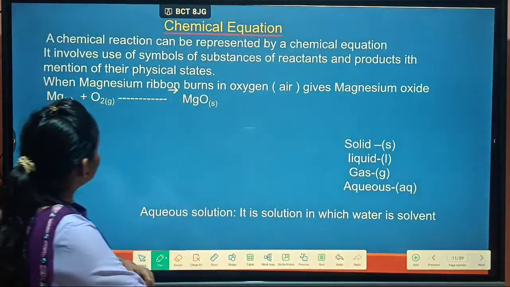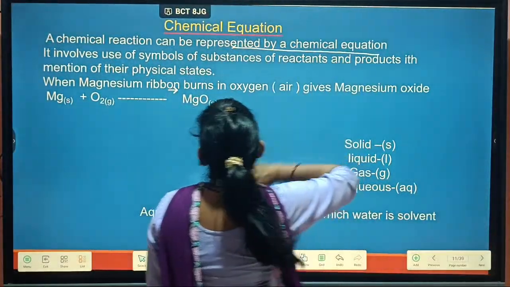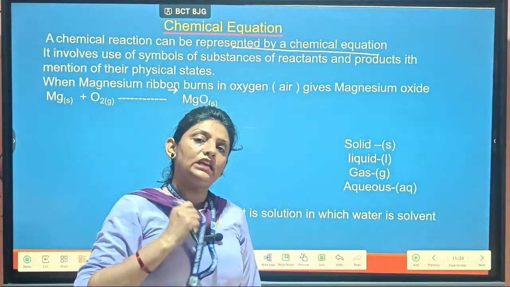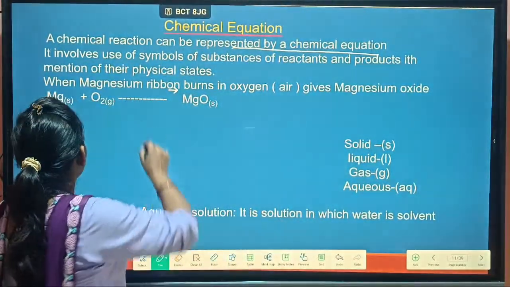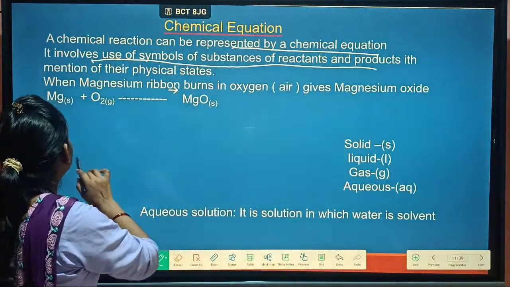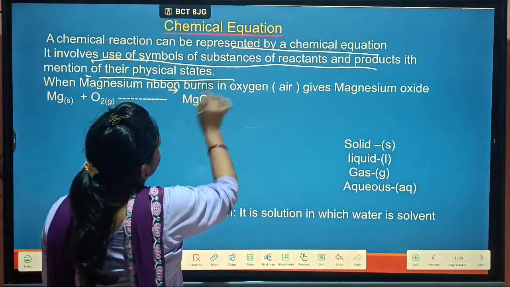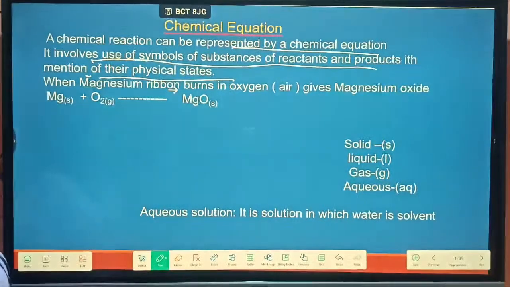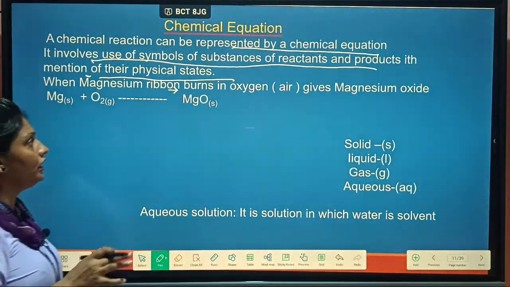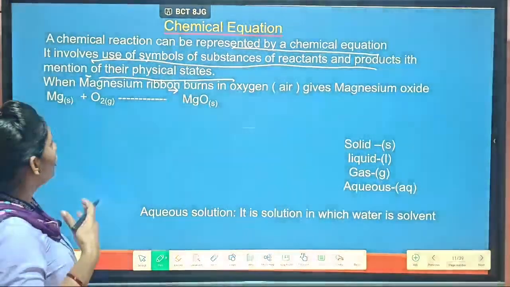Then students, a chemical reaction can be represented by a chemical equation. It involves the use of symbols of the substances, the reactants and products, and we can also mention their physical states.